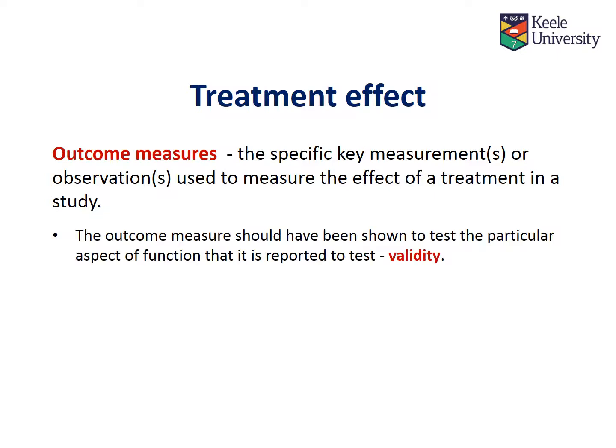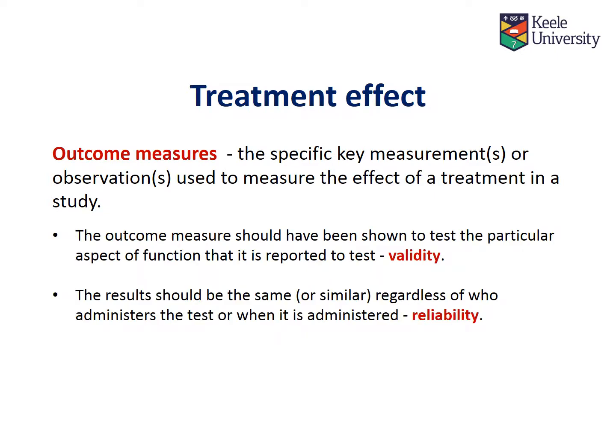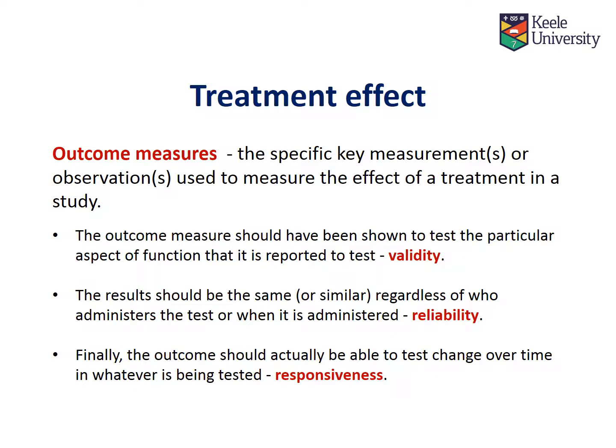Now, there are three features expected in a good outcome measure. It should have been shown to test the particular aspect of function that it's reported to test, so it's the validity. So we really want to use a measure that assesses pain or blood pressure or function, not something else that we're interested in.